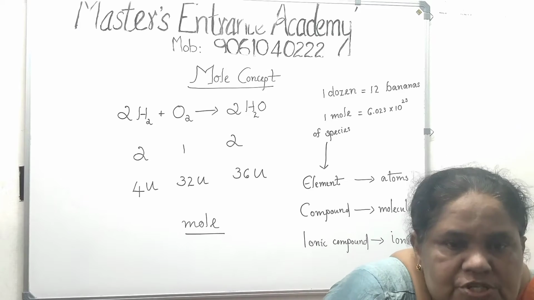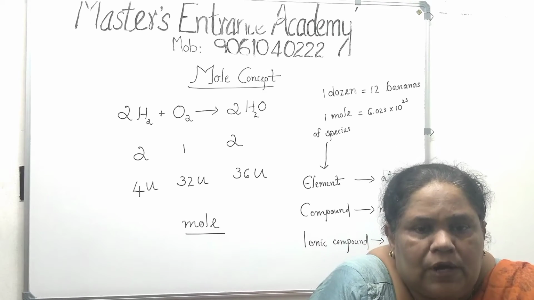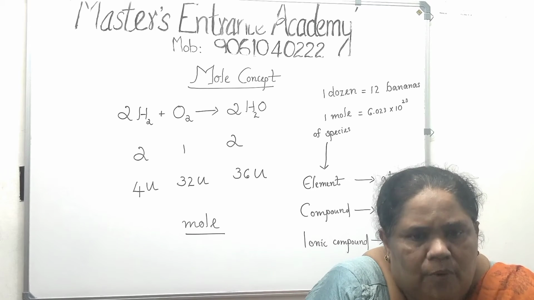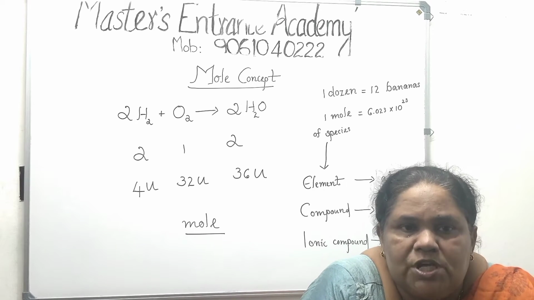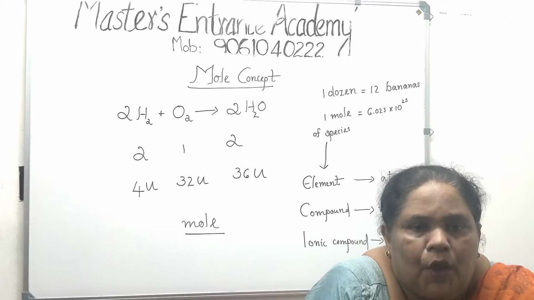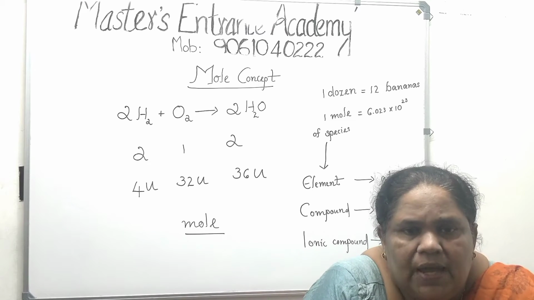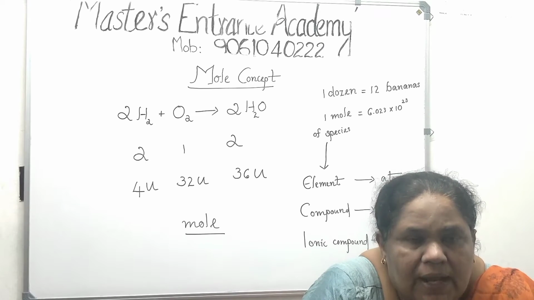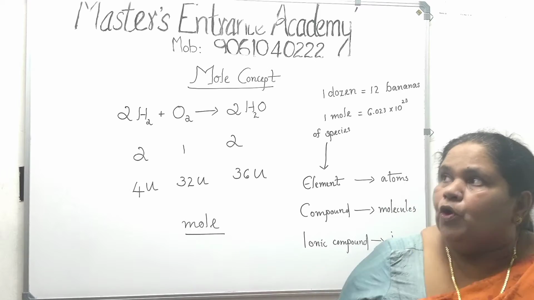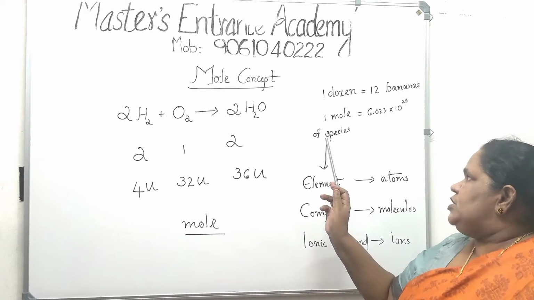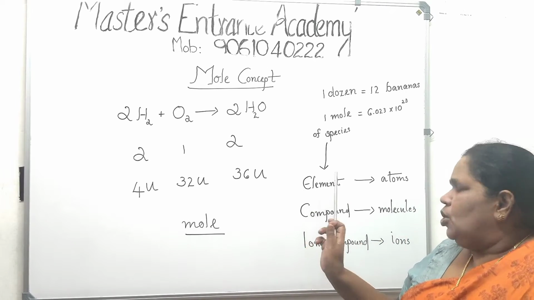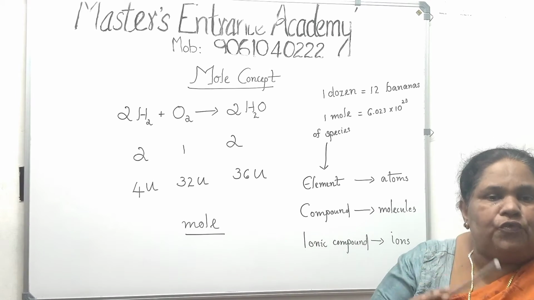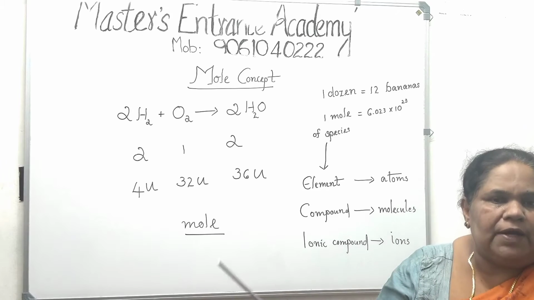Suppose the species is sodium chloride, NaCl. It's an ionic compound. So the constituent particles are ions. Na plus ion and Cl minus ion, cation and anion. So whatever the species present, element or compound or ionic, it contains a fixed number of particles.